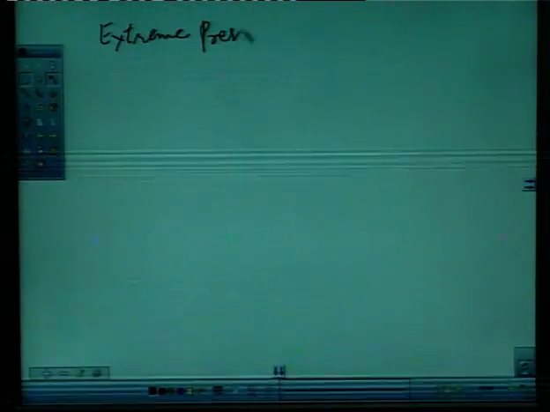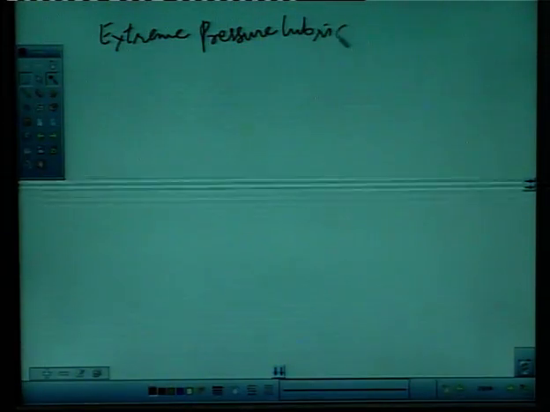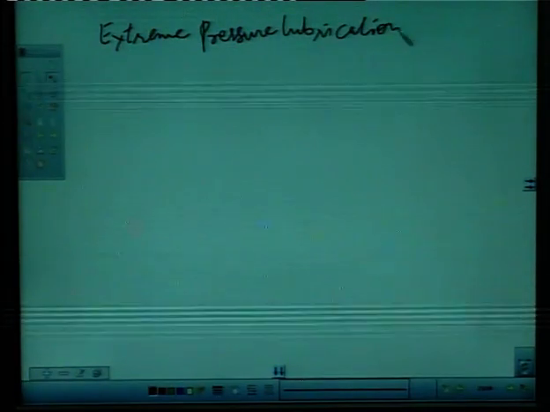So next and the last is extreme pressure lubrication. That is extreme pressure lubrication. The third one is extreme pressure lubrication.